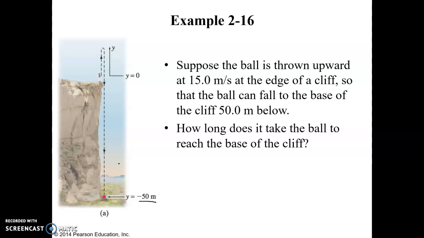You can make those calls for the most part, but since we already have a diagram provided by the textbook author, and he's already chosen this as a starting point, we'll go with that. So we're going to say that where we launch the ball from initially, that is 0. We're going to go up to some height, which we previously calculated, and then it's going to fall all the way down to this point at negative 50.